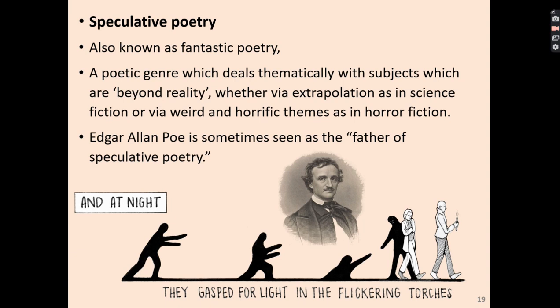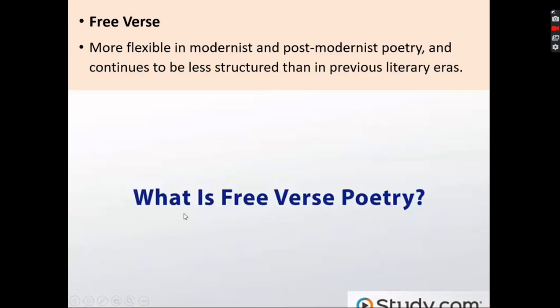Edgar Allan Poe here is the father of speculative poetry. Now remember, Edgar Allan Poe also wrote prose like short stories, but he was also into creating poems, and in fact he is known for speculative poetry.